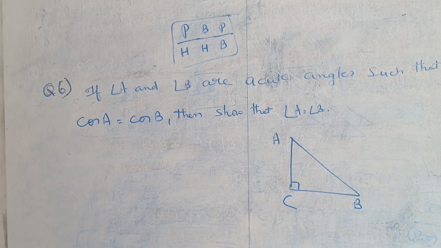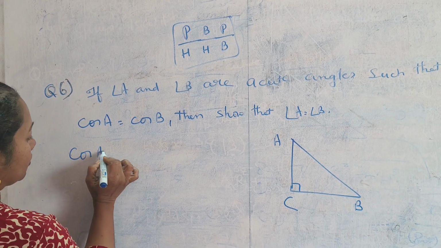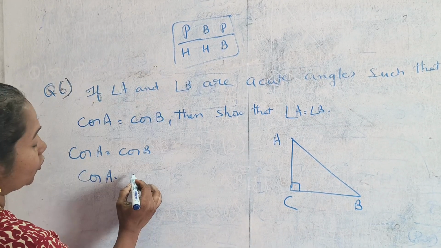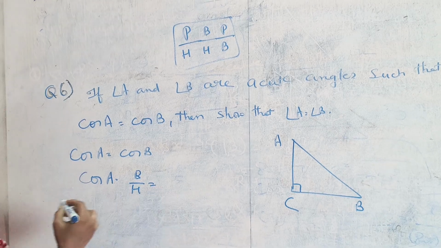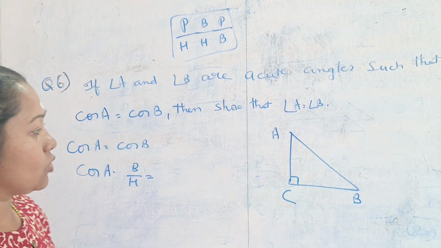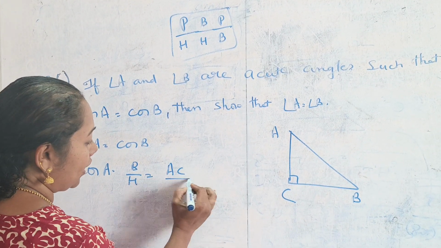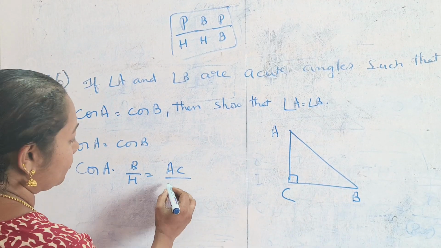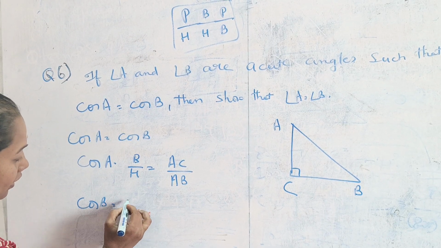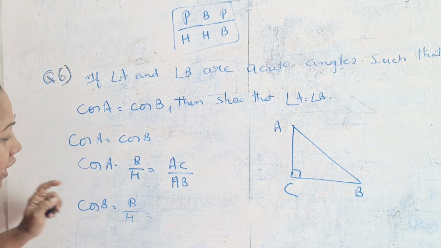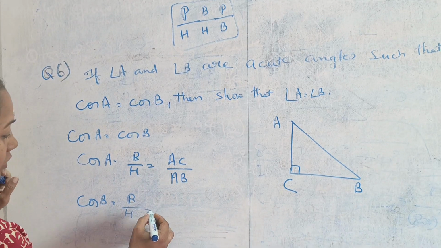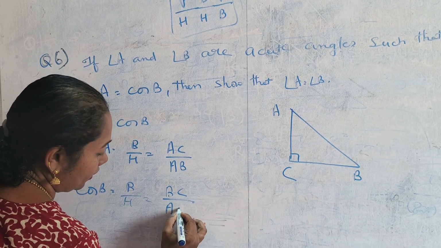Now it is given as cos A is equal to cos B. Let us write cos A first. Cos A is equal to base upon hypotenuse. According to A, the base is this one and hypotenuse is this one. So AC is the base and hypotenuse is AB. And as per cos B, again base upon hypotenuse, and according to B, the base is BC and the hypotenuse is AB. So BC upon AB.